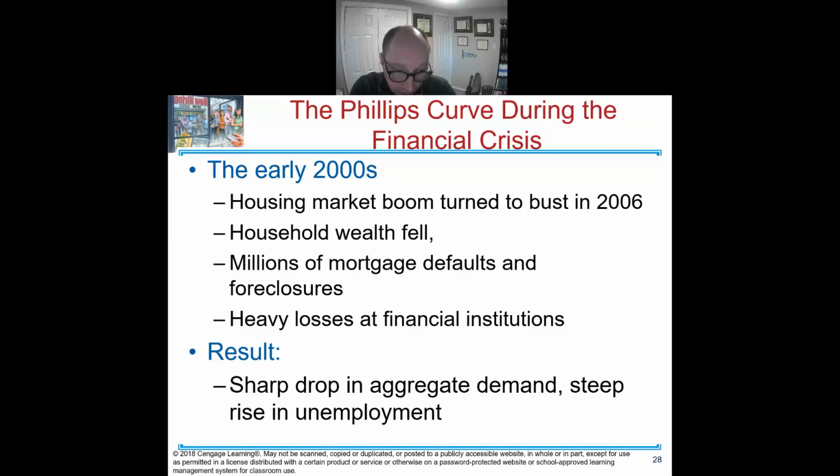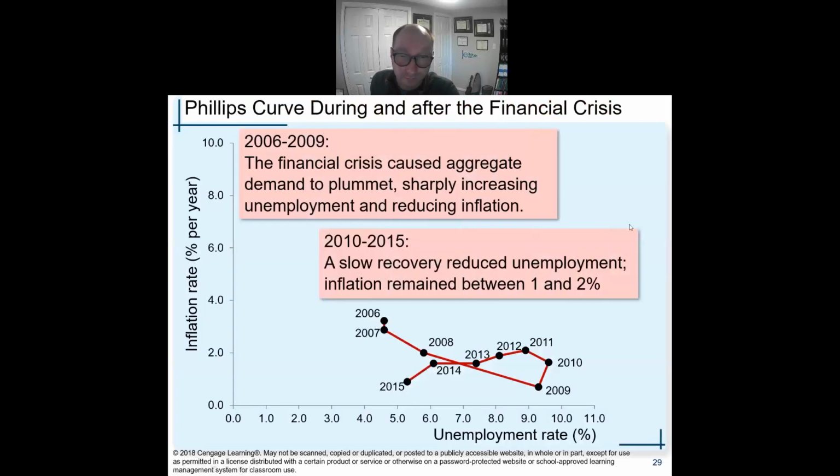And as a result of all of this, there was a sharp decrease in aggregate demand and a very sharp rise in unemployment. The recovery from this financial collapse, 2006 to 2009, was a slow recovery, 2010 to 2015. Probably took even longer than that. But we came out of it.